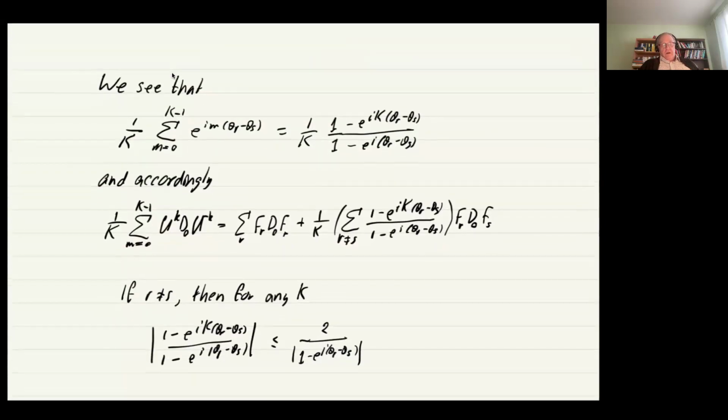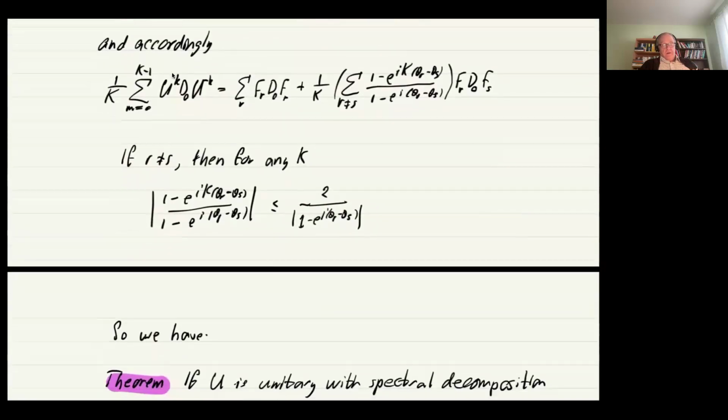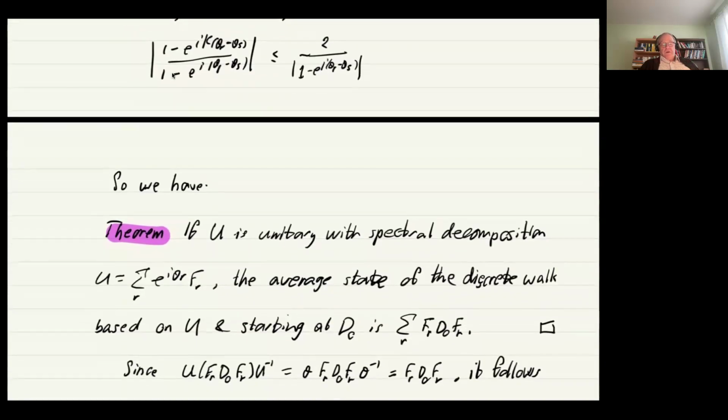And then if you've got enough patience, you can prove that this part goes to 0 as k goes to infinity. We'll leave it at that. And so the conclusion is, if U is unitary and the spectral decomposition is given, the average state of the discrete walk is given by this.